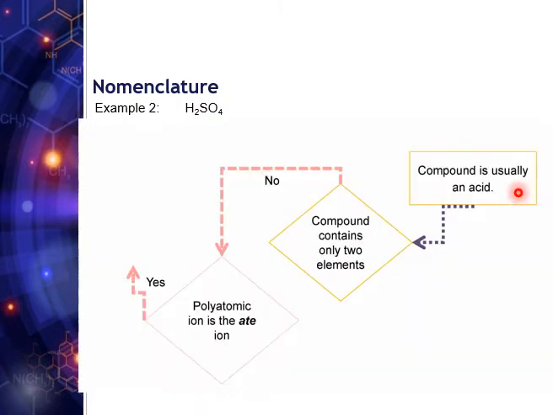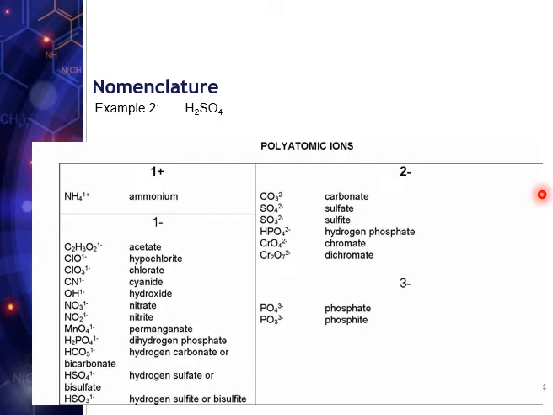This means the compound is usually an acid. Does this compound contain just two elements? I have more than two capital letters, so the answer is no. It does not contain just two elements. It has a polyatomic ion. So you're going to look at SO4. Is this the ate ion? Looking at my polyatomic ion sheet, SO4 is sulfate.